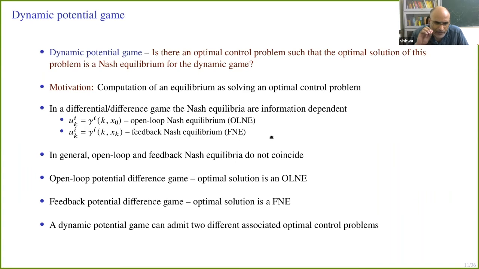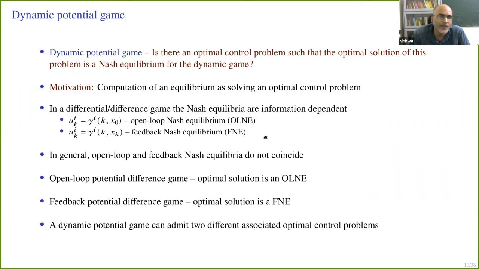And when we say feedback potential differential game, it means there must be an optimal control problem whose solution provides a feedback Nash equilibrium. So in some sense, a dynamic potential game admits two different associated optimal control problems that we can immediately infer from the information structure, the importance of information structure in a dynamic game.